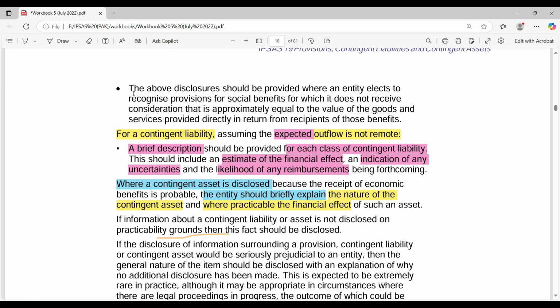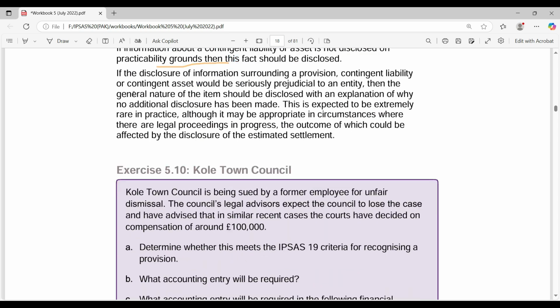An estimate of financial effect, an indication of any uncertainties, and the likelihood of any reimbursement should be disclosed. Similarly, in the case of a contingent asset, the entity should briefly explain the nature of the contingent asset and, where practicable, the financial effect of such an asset.